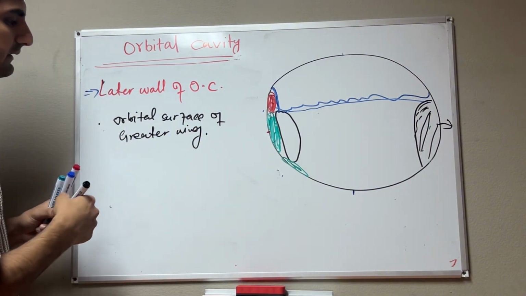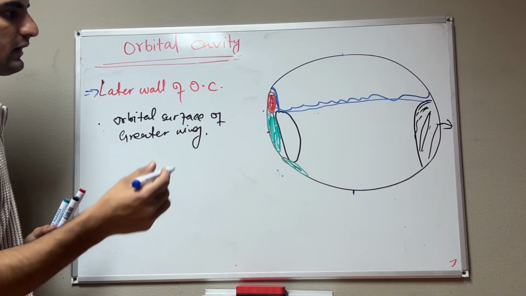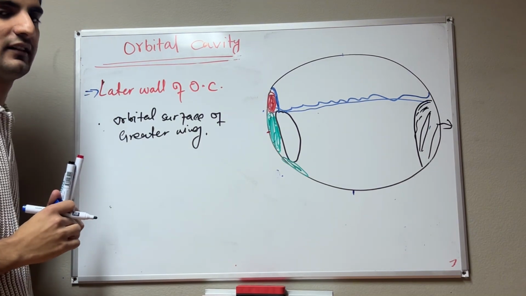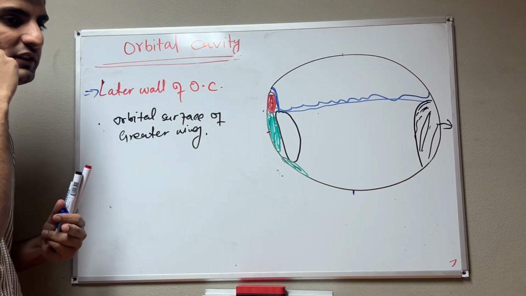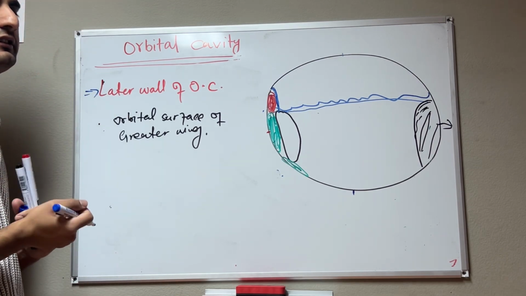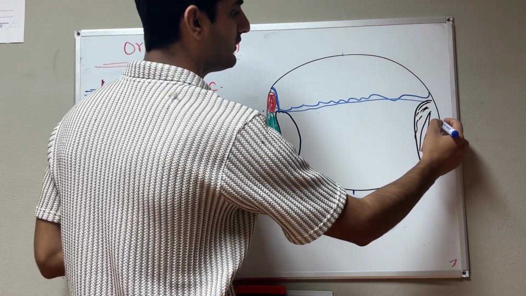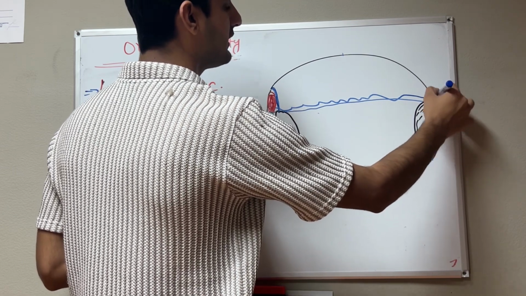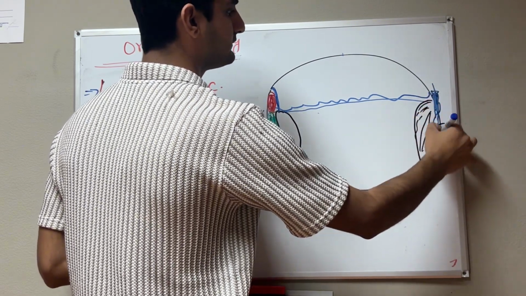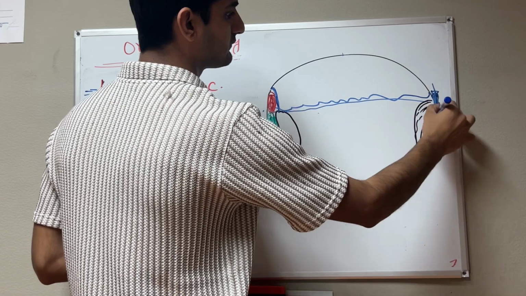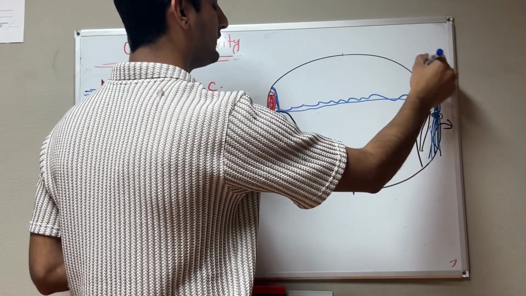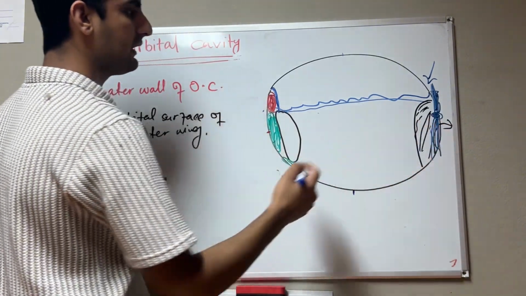Okay, next, do you remember, here in front also this is the frontal process of the zygomatic bone, which also takes part here like that, and connects with the zygomatic process of the frontal bone. Here we have a suture. This is the zygomatic process of the frontal bone, and this is the frontal process of the zygomatic bone.